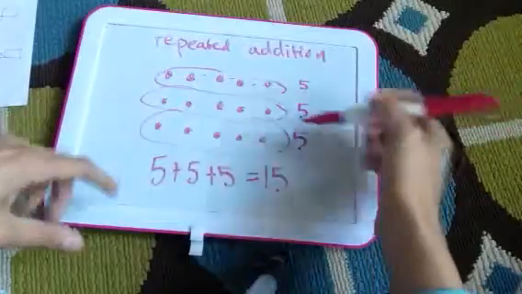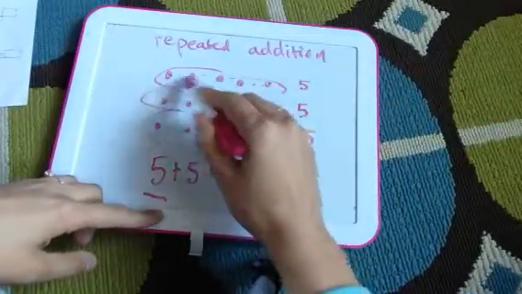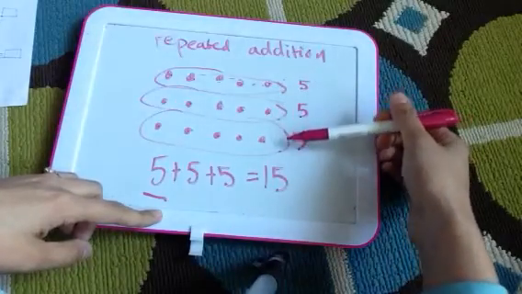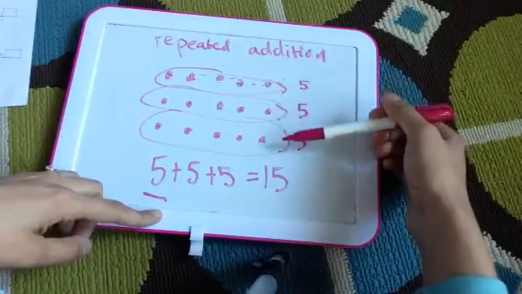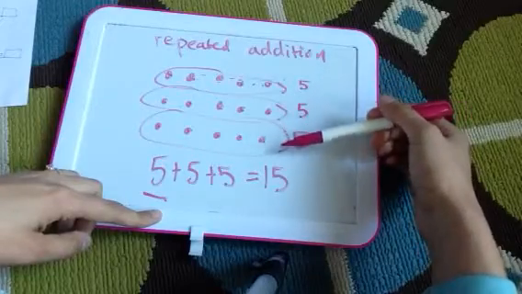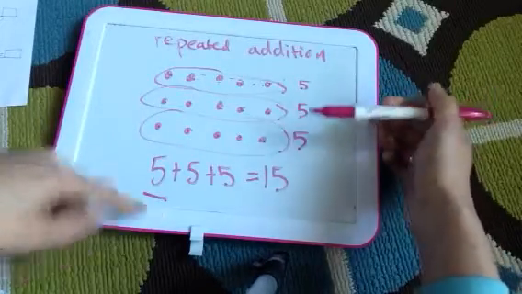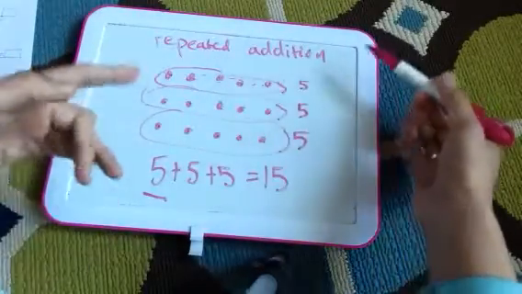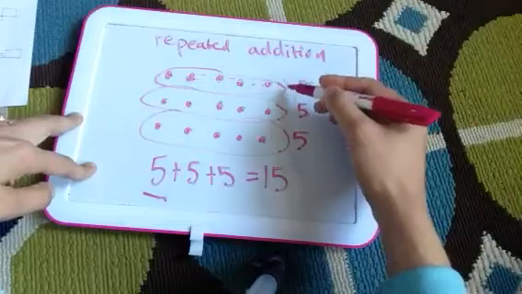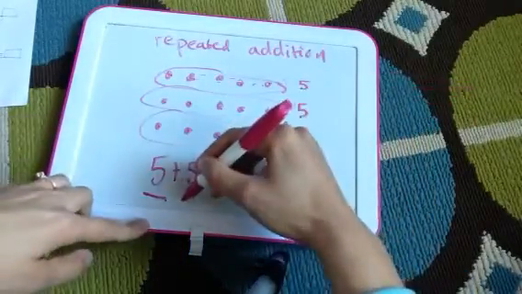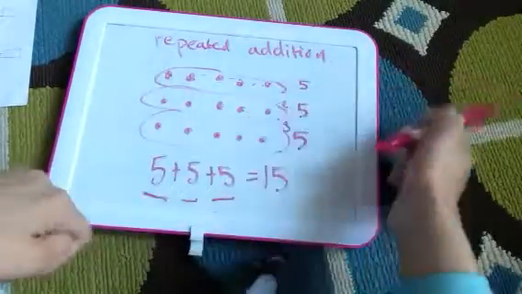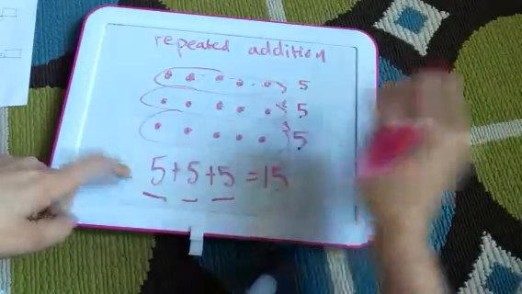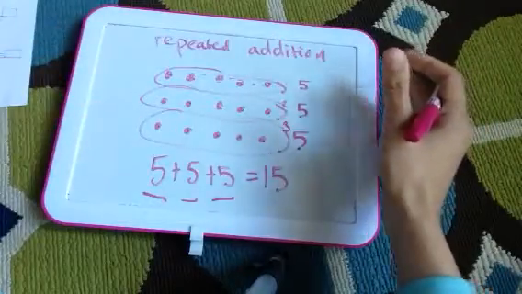So the repeated addition sentence is simply the number, the size of the group, which is 5, how many times that size happens. Well, let's look. How many groups do we have? 1, 2, 3. How many groups of 5s do we have here? 1, 2, and 3.